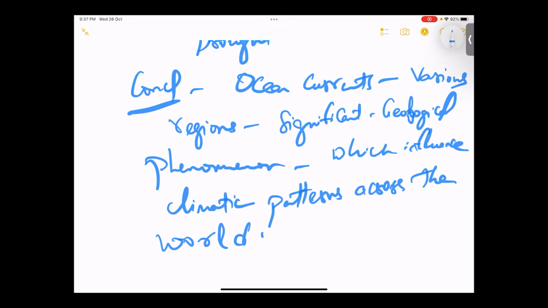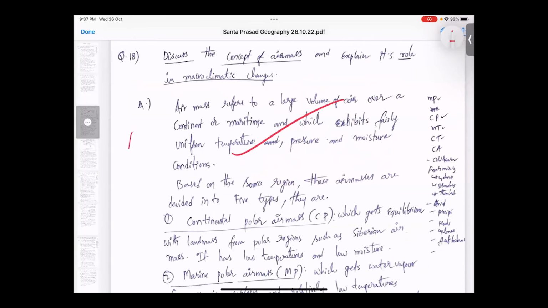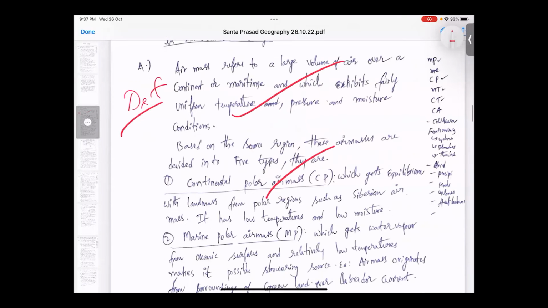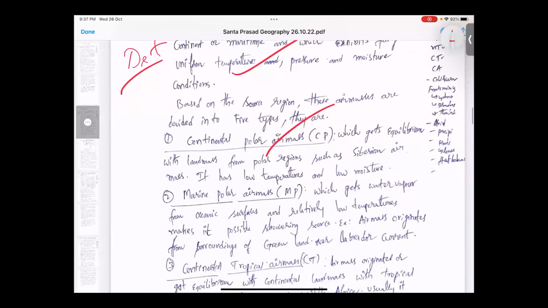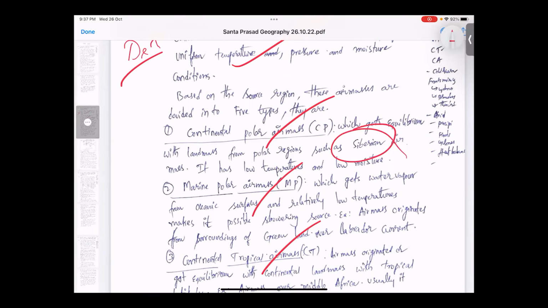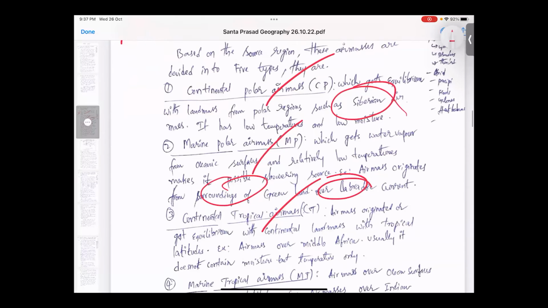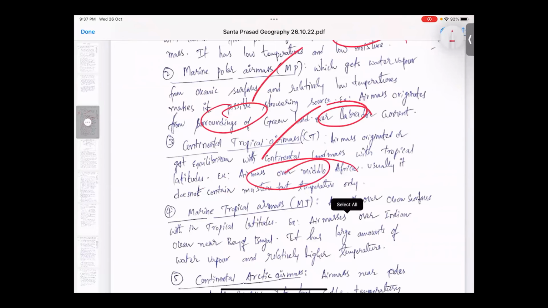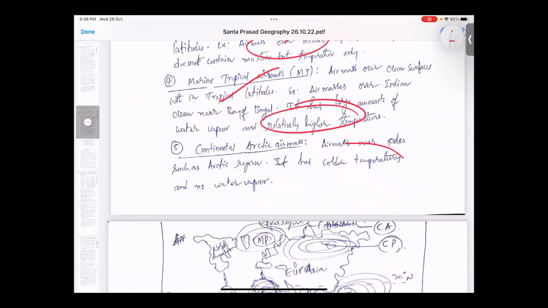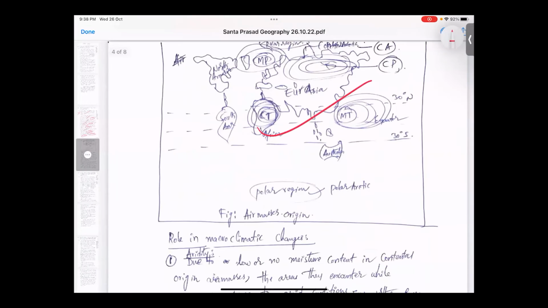Yes, sir. Good definition. Good. Okay, you explained the air masses. Siberia, Greenland. Good. No water vapor. Good. Even this effort is good, I will say.